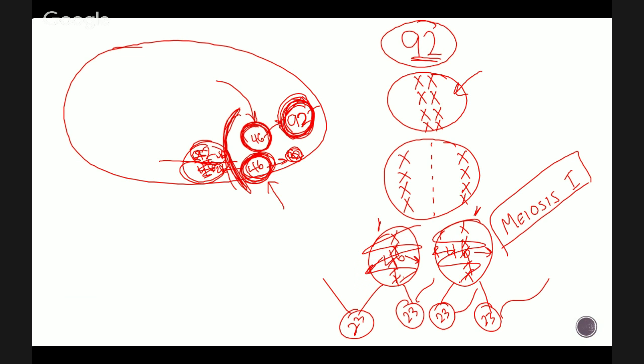By the time you finish meiosis 1, you have 2 cells, each with 46 chromosomes, but they are not identical. So we have four sperm cells, 4 gametes that are not identical to each other.